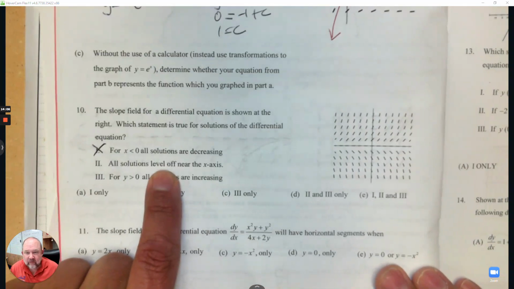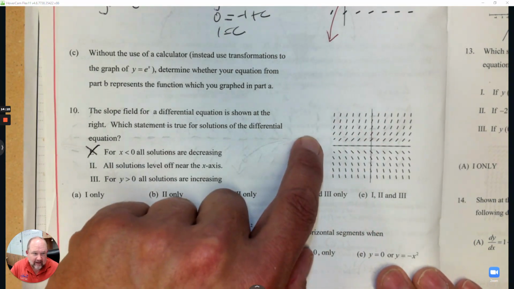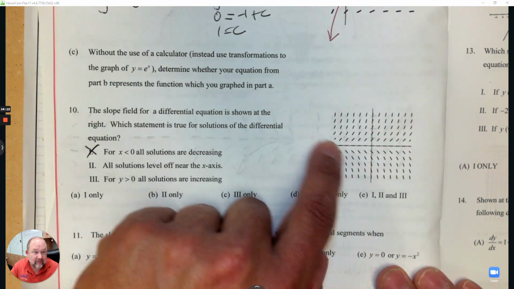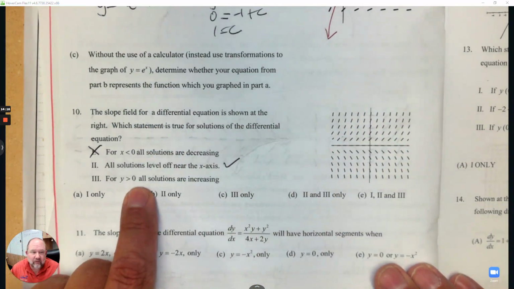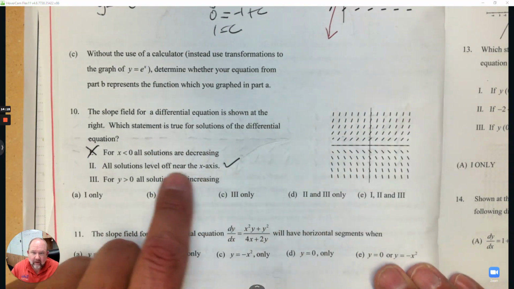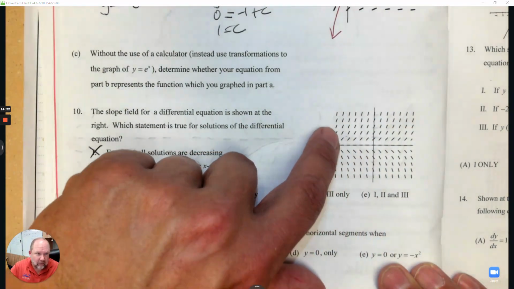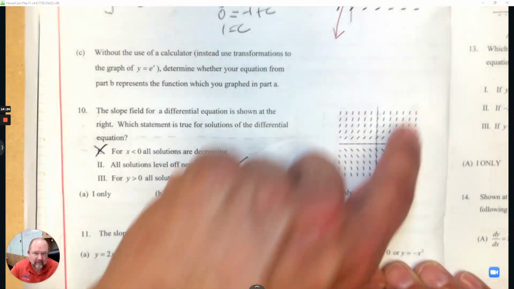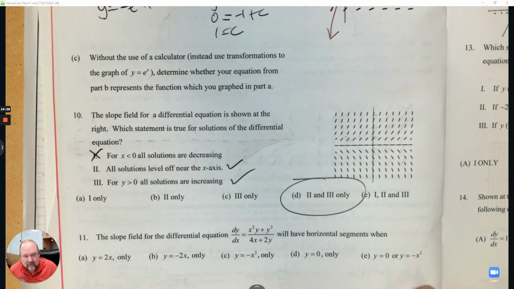All solutions level off near the x-axis. So as you go to the x-axis, as it rises, it does level off on both. So I say yes. When y is greater than 0, that's above, all solutions are increasing. They all are increasing above. Are they all pointing up to the right above? Yes. So the answer then is D, 2 and 3 only.